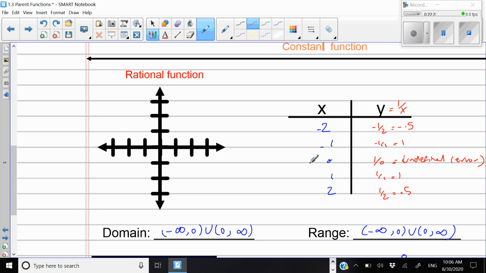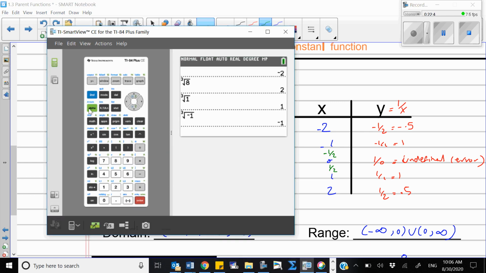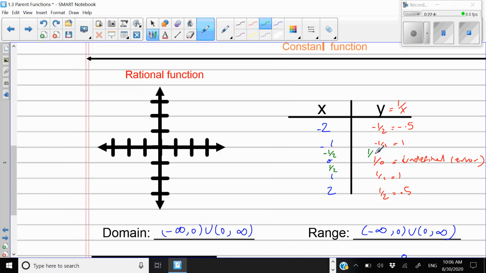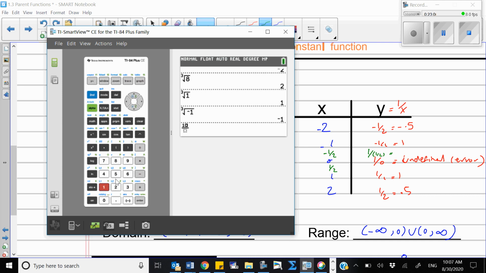I'm going to try some other numbers in between 0 and 1, see what happens. So this time I'm going to use -1 over 2. And here I'm going to use 1 over 2 and see what happens. I'm going to use my calculator to find the answer. So this will be basically 1 divided by 1 over 2. So let's see what that is equal to. Alpha y equal, and number 1 gives me a fraction. So on top we have 1, and on the bottom I'm going to make another fraction.